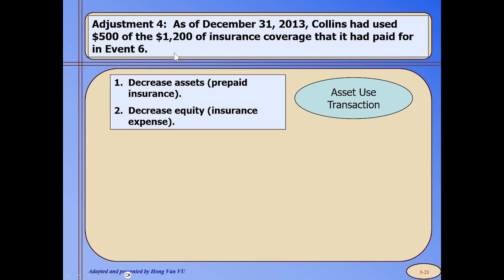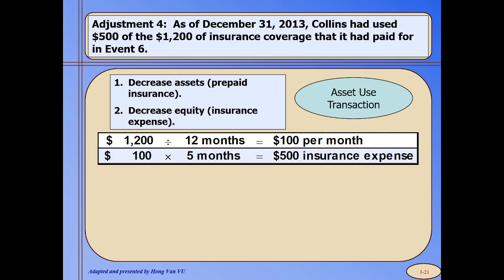However, because the company has to spend, it has to record insurance expense. It means that this adjustment decreases the equity account by the same amount of 500.